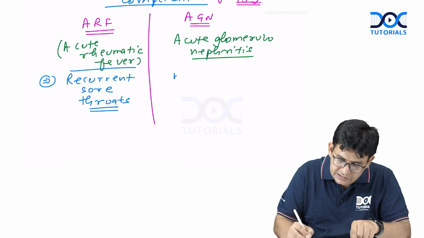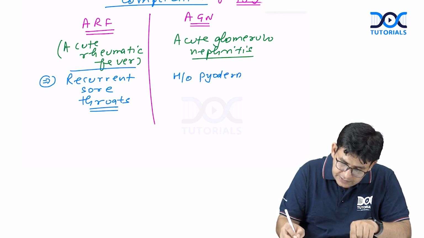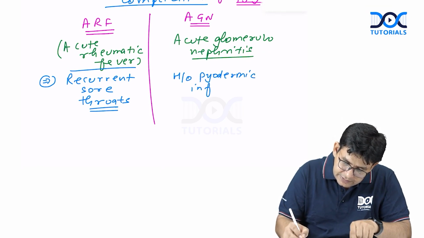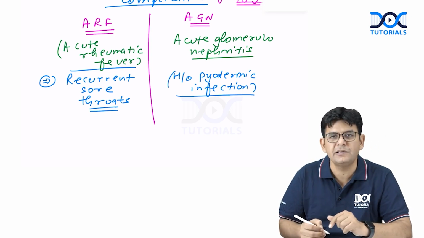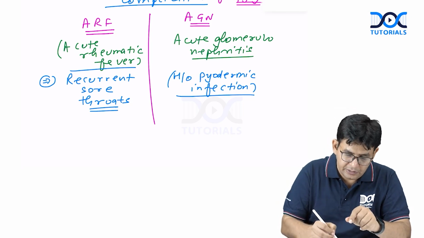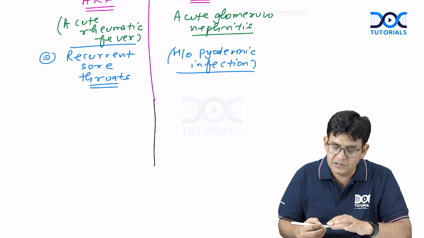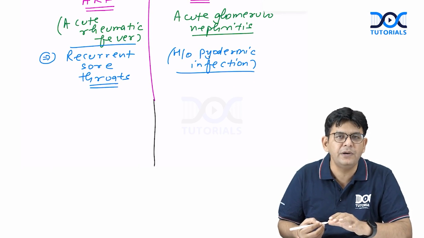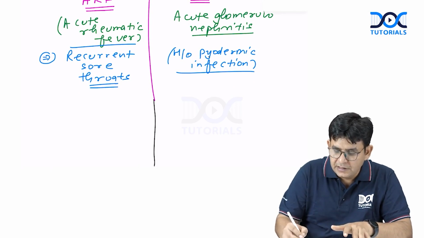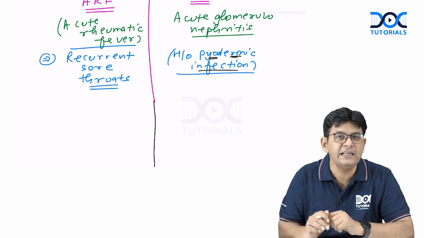So recurrent sore throats happen in this one. Whereas in this one, there is a history of what, guys? History of pyodermic infection in the case of acute glomerulonephritis. In one there are recurrent sore throats; in the other, a history of pyodermic infection, meaning some skin infection with pus happens and later on the kidneys get involved.